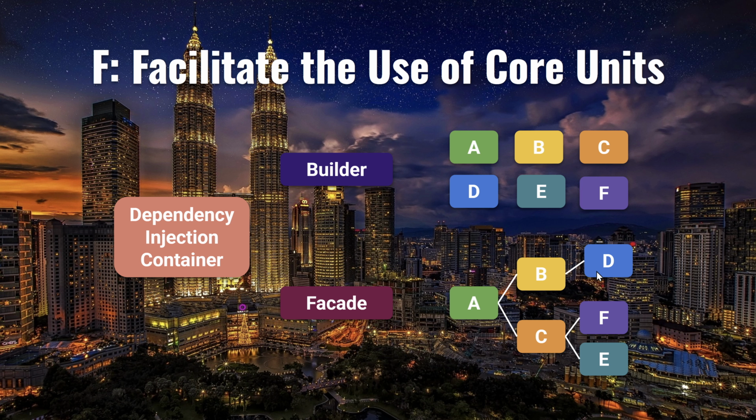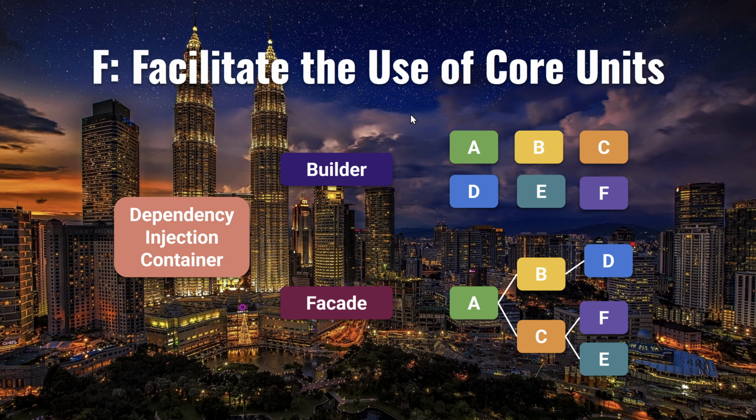And there are probably other ways of facilitating the use of the core units than these 3 methods here. There are other design patterns, and you can probably come up with your own solutions. The idea is just that you are adding some components to your system whose only purpose is to make the core components of your system easier to use.